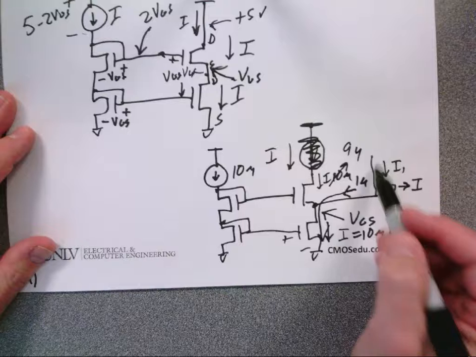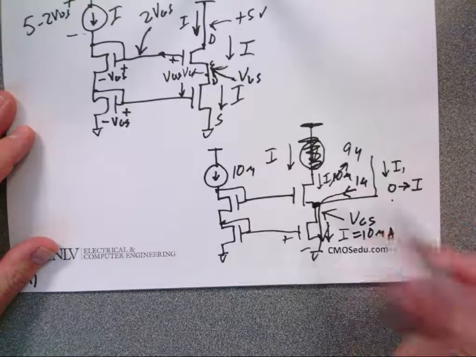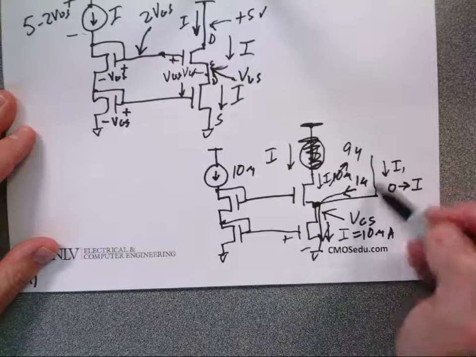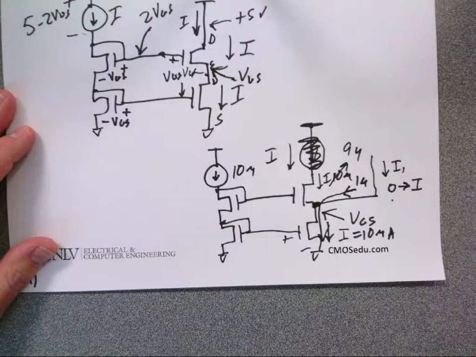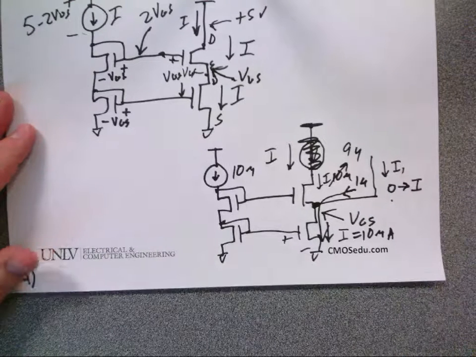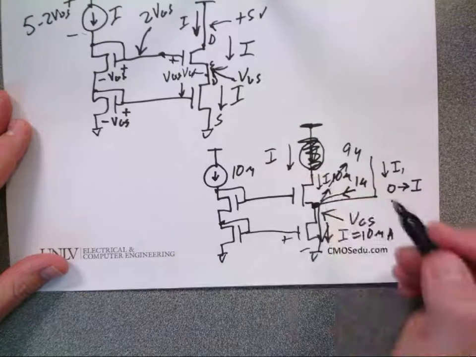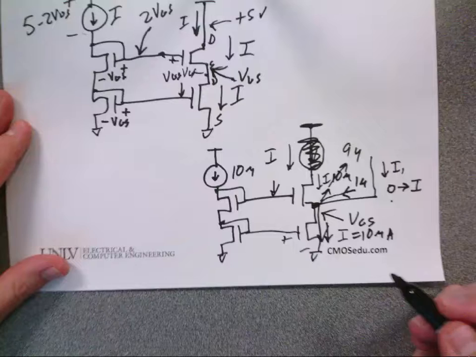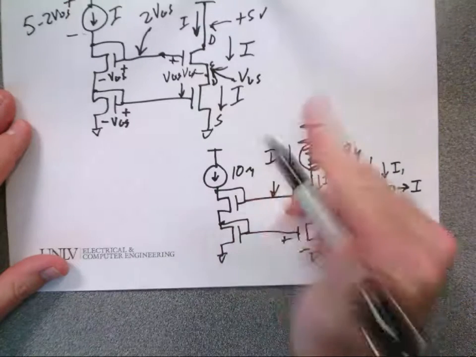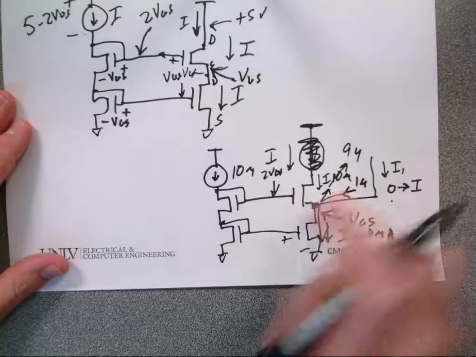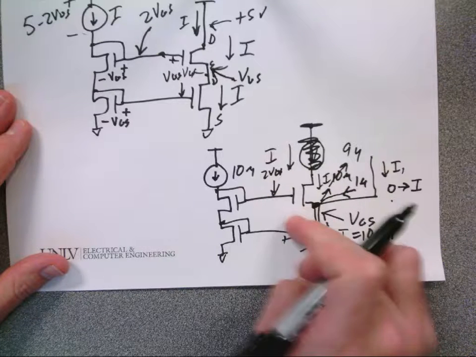If I push water in here, what happens to the pressure right here? If I push water into something, what happens to the pressure? If I push on the door, what happens to the pressure on the door? Goes up. So this voltage goes up. Is this voltage changing? No, it's set over here at 2 VGS. If I put the pressure up here, what happens to the VGS here?